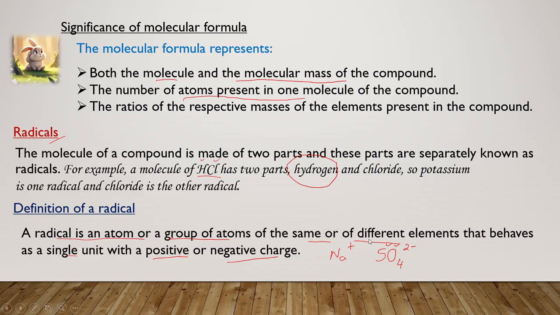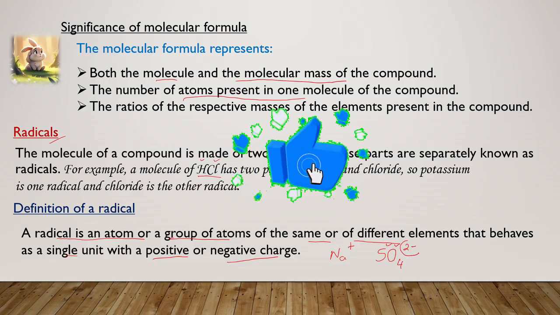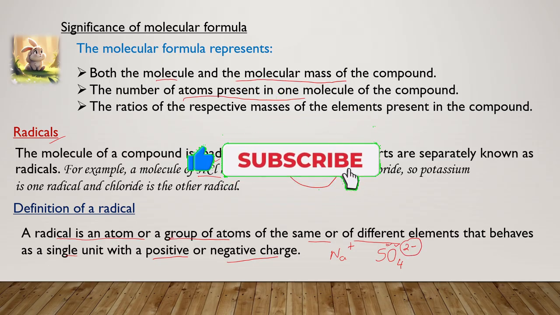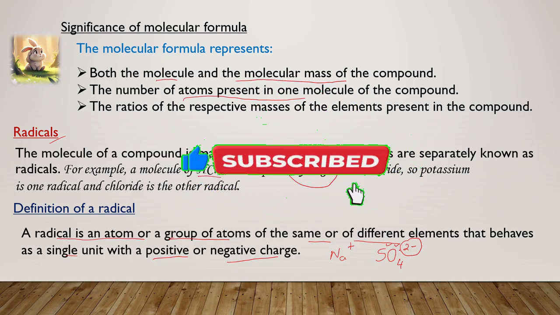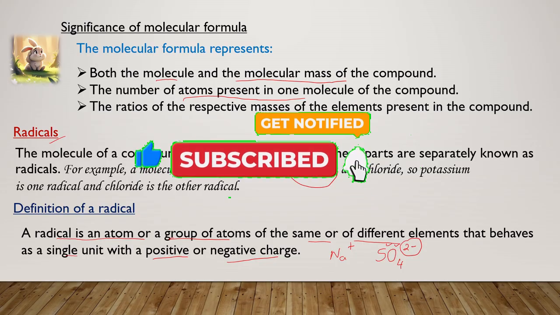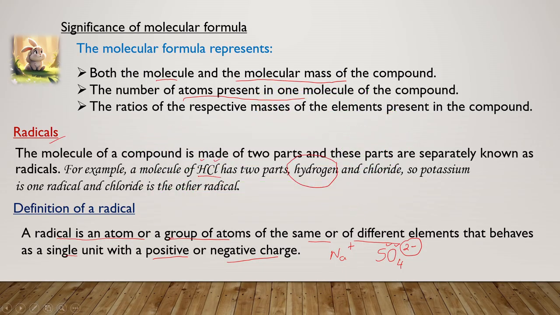What is a radical? It may be an atom or a group of atoms of the same or different elements that behaves as a single unit with a positive or negative charge. Here you can see sulfur does not have a separate charge, nor does oxygen have a separate charge, but this 2- is the charge of this group SO4. They are behaving as a single unit, the sulfate unit.